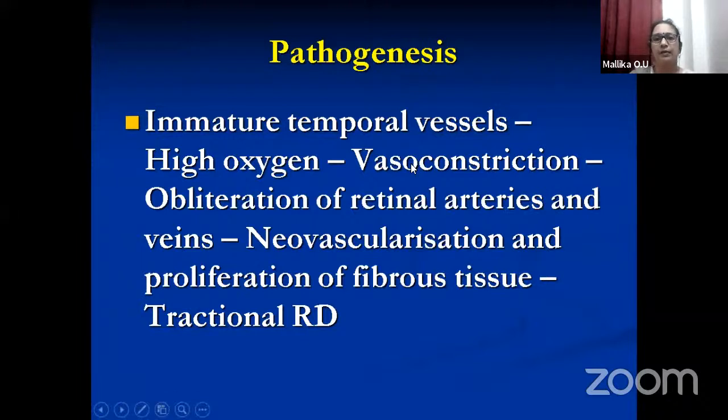And as I discussed in the previous class and the last topic, whenever there is vasoconstriction, there occurs obliteration of the retinal arteries and veins, and again hypoxia leading on to neovascularization and tractional proliferation of fibrous tissue and tractional retinal detachment.